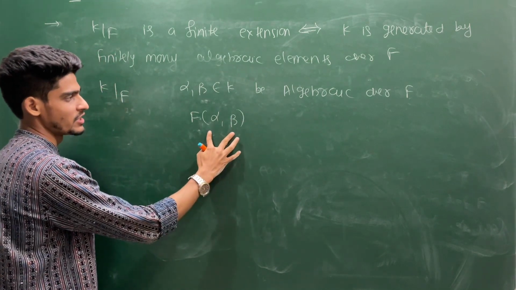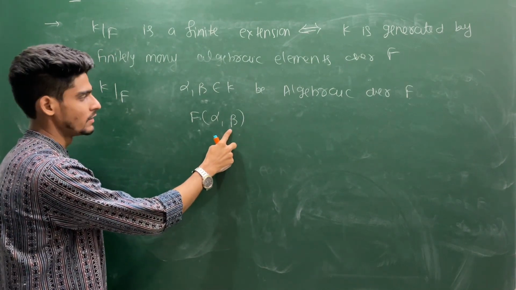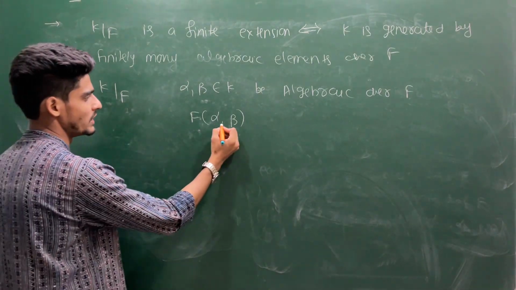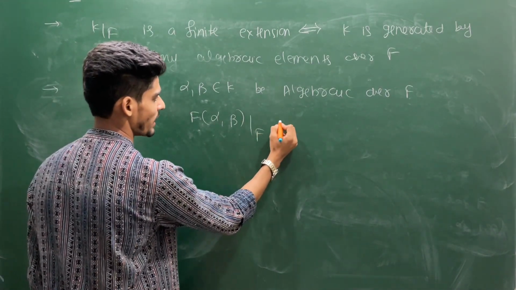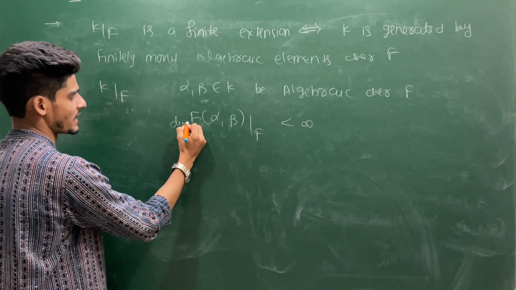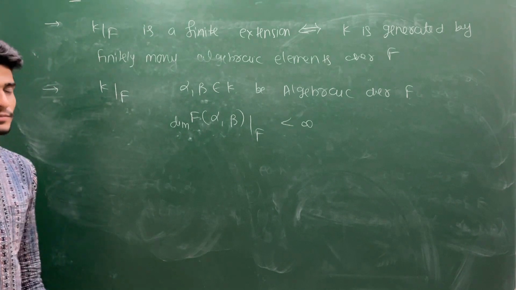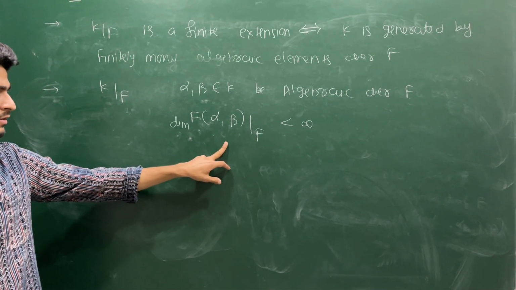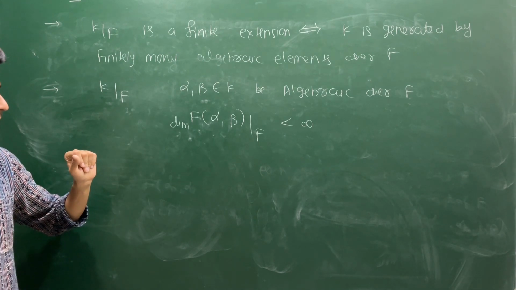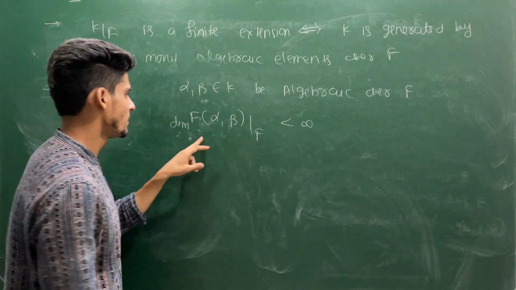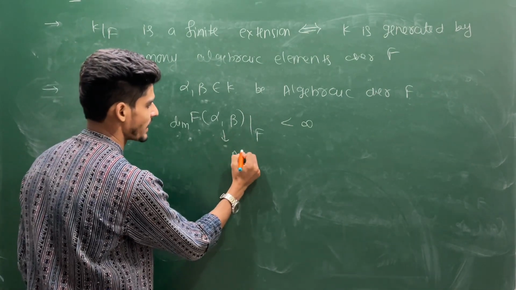This is an extension which is generated by alpha and beta. That means it is generated by finitely many algebraic elements. So the dimension of this extension over F must be finite. So this is a finite extension. Also, every finite extension is algebraic. So I can say this is an algebraic extension.